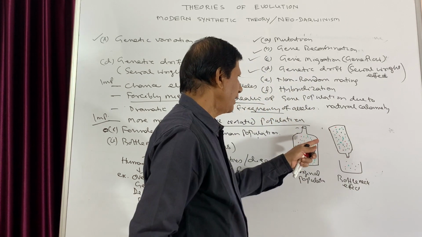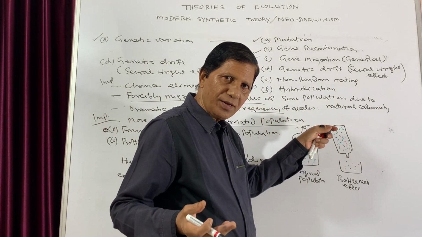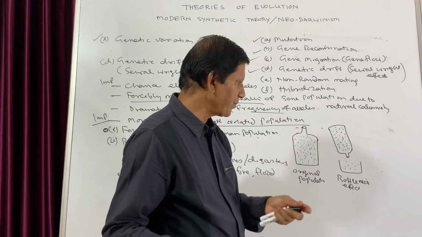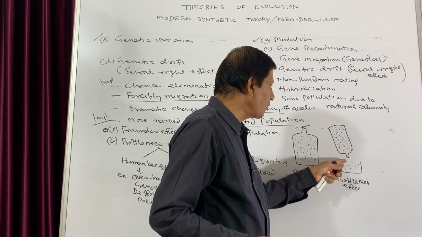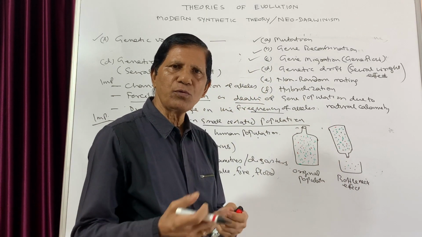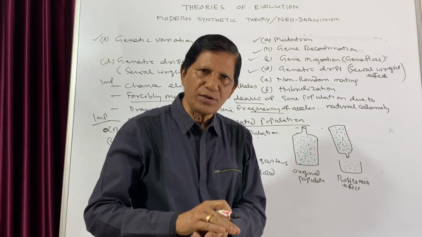That means the green color people are more, but while coming out due to natural calamity, only one of them could come, while 2 red and 6 black people came out. That means here there is a decrease in population.